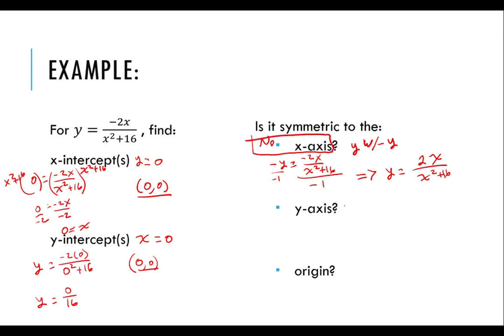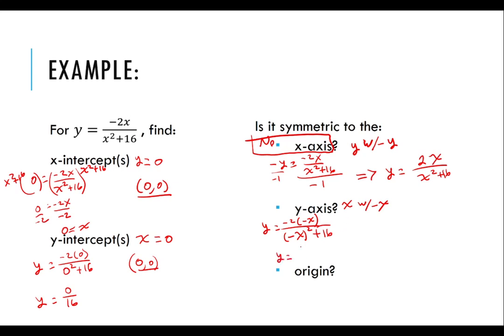Then let's check y-axis symmetry. That is, replace x with negative x, and then check. So this is y is equal to negative 2 times negative x divided by negative x quantity squared plus 16. Simplification is going to do what for us?